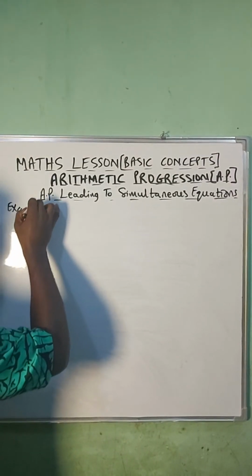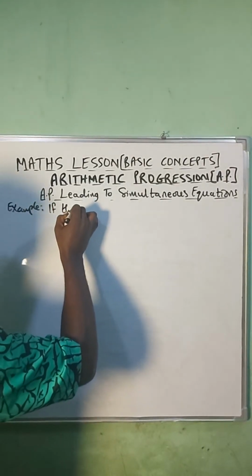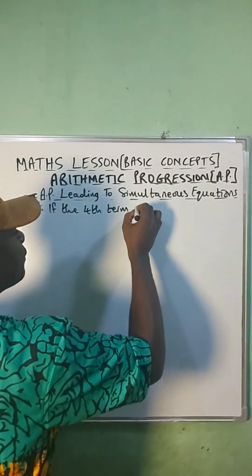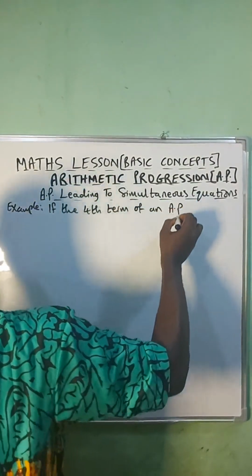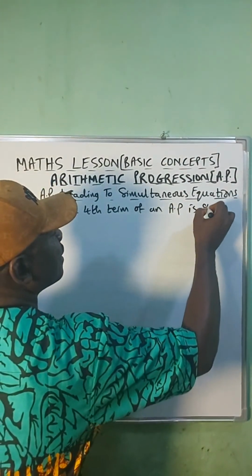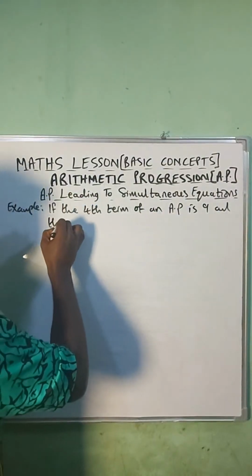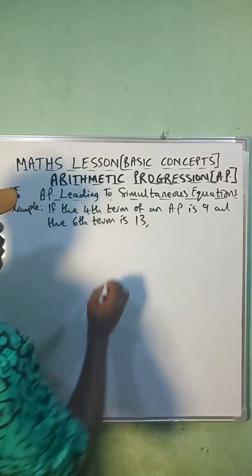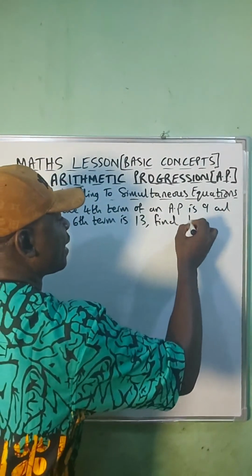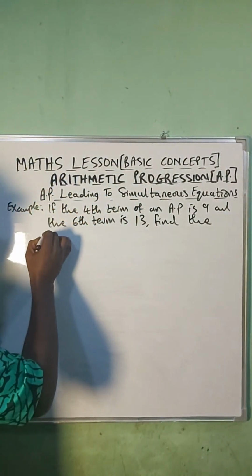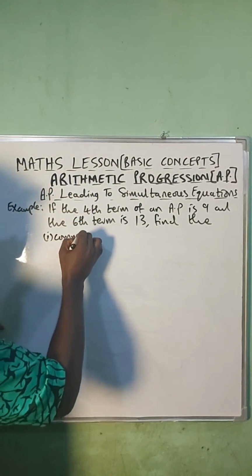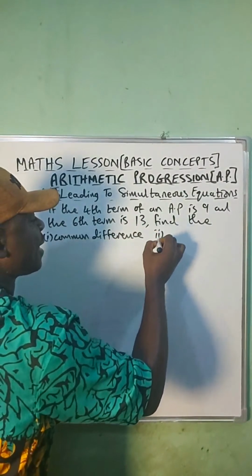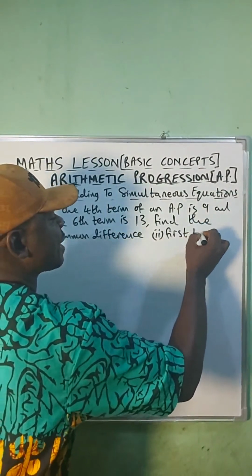Example. If the fourth term of an AP is 9 and the sixth term is 13, find the common difference and first term.